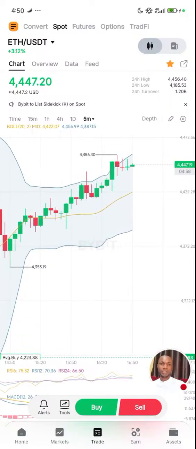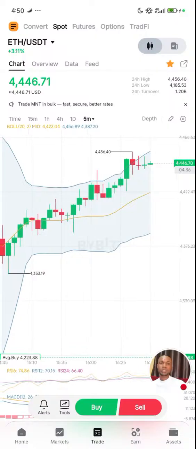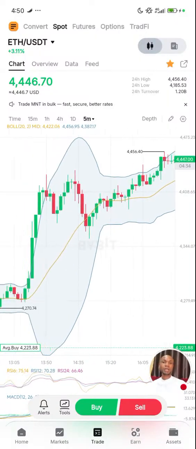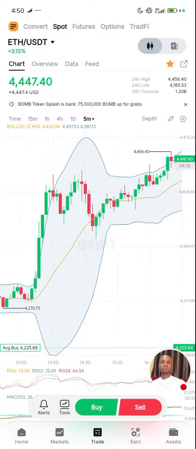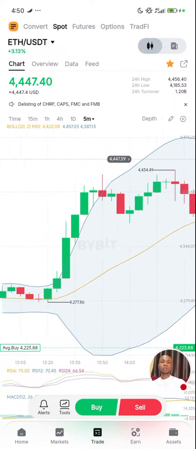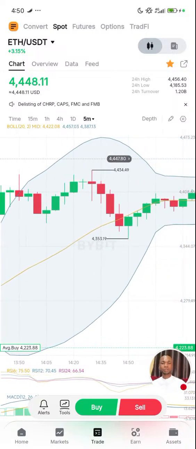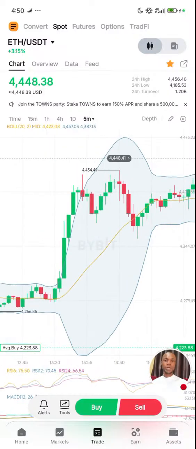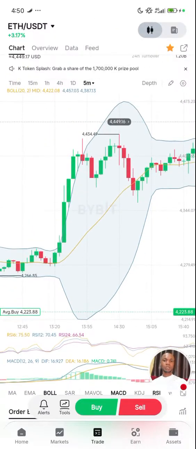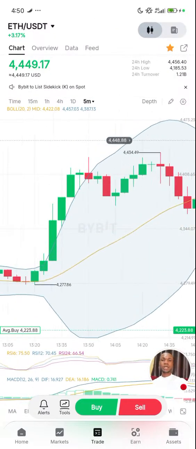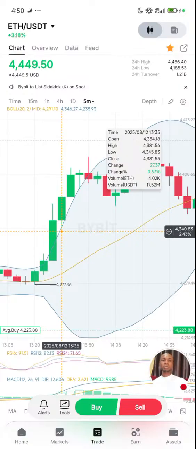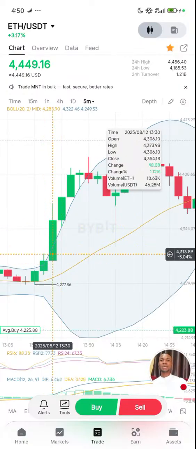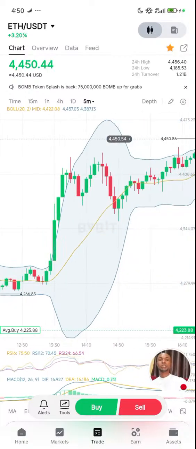This is 5 minutes. This is what has been going on in the market. This green candle stands for buying, and this red candle stands for selling. Whenever this green candle appears, it means that people are buying, and you can see how the market is going up.